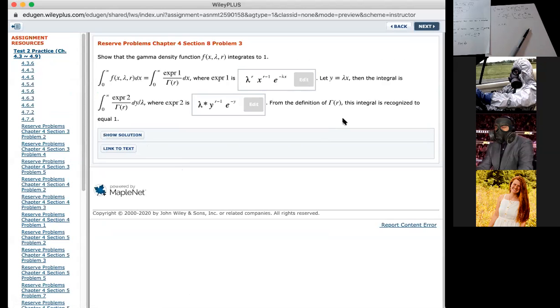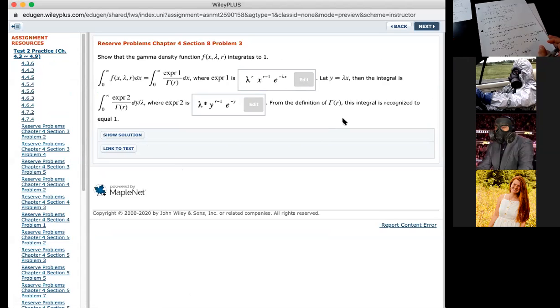So what's the gamma function? Gamma function is the generalization of the Erlang distribution. In the Erlang distribution, the number of events r was a natural number. But in the gamma distribution, r can be any real number.